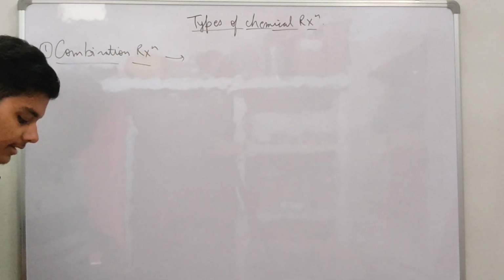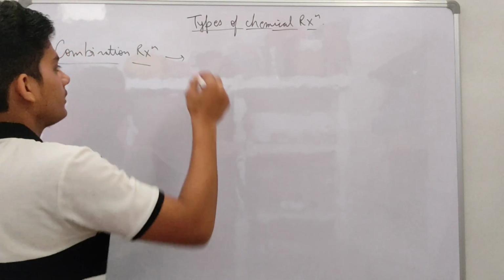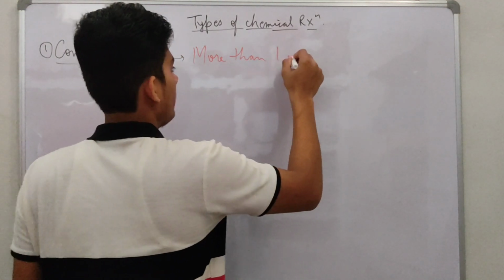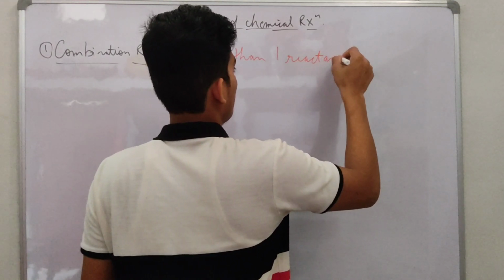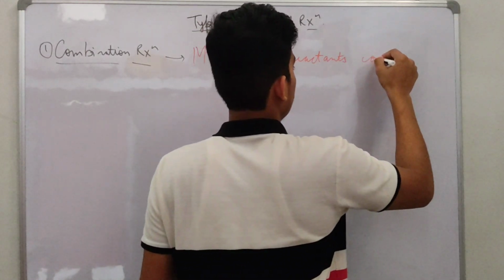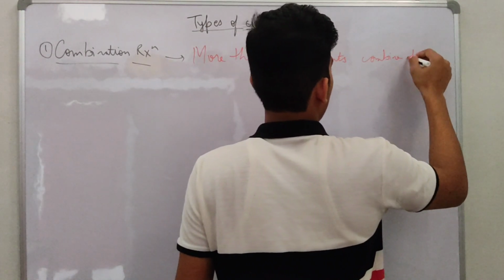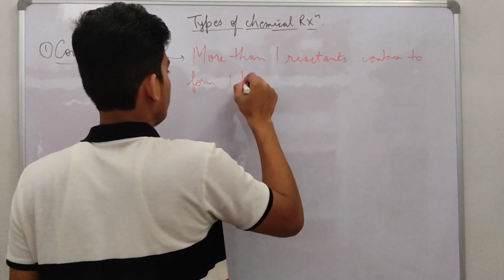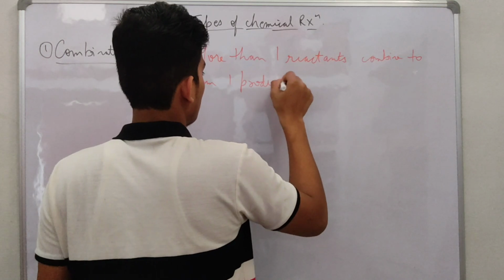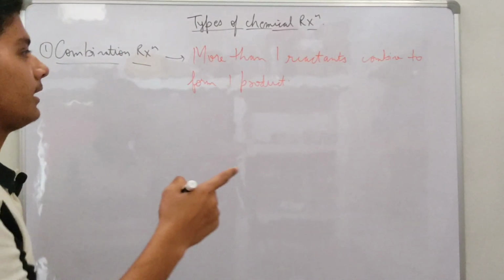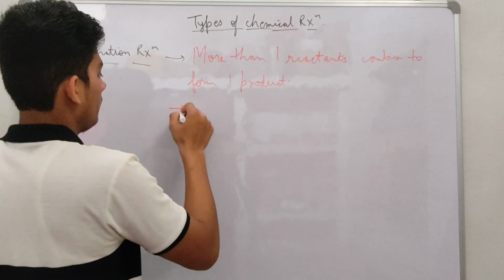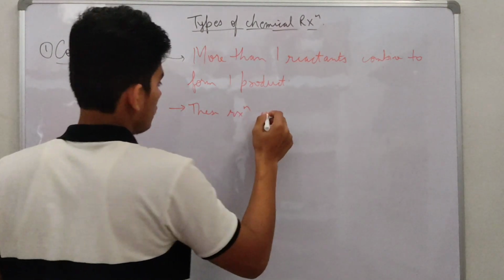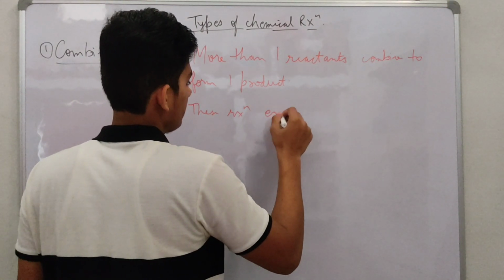As the name suggests, here more than one reactants combine to form one product. This is called combination reaction, and these reactions are most probably exothermic reactions.